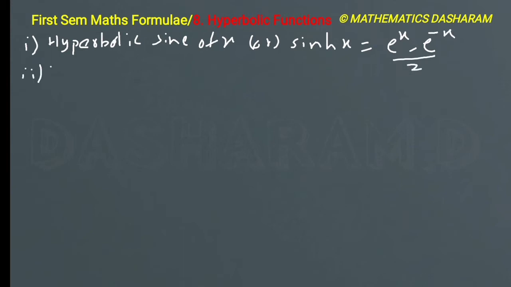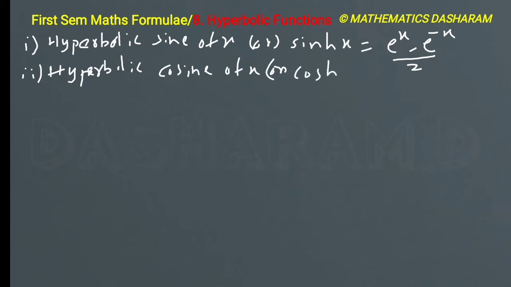The second one is hyperbolic cosine of x. It is written as cosh x. So the cosh x formula is (e to the power of x plus e to the power of minus x) divided by 2. So using these two we can define the remaining four hyperbolic functions.